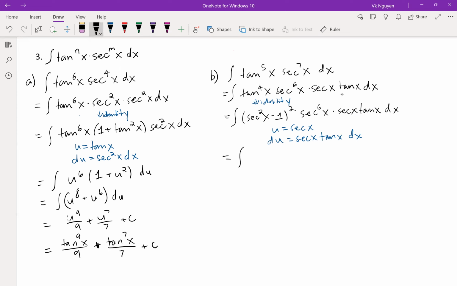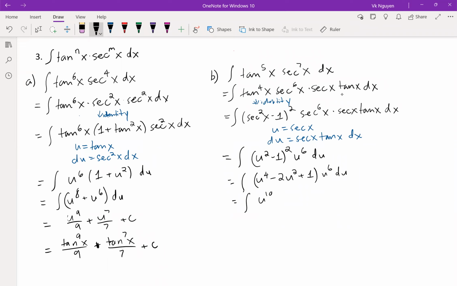So we have integral u square minus 1 to the power 2 u to the power 6 du. Integral u to the 4 minus 2u square plus 1 times u to the 6 du.